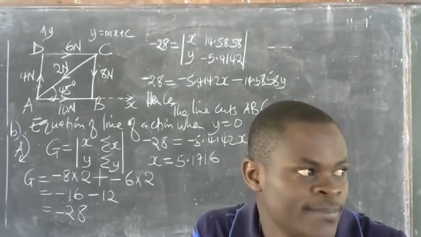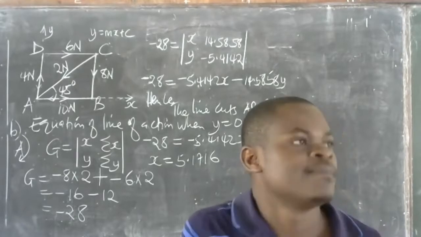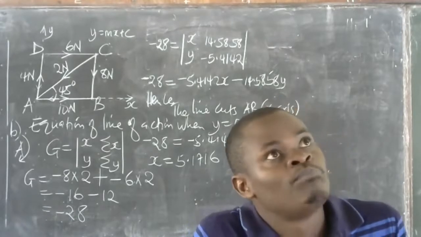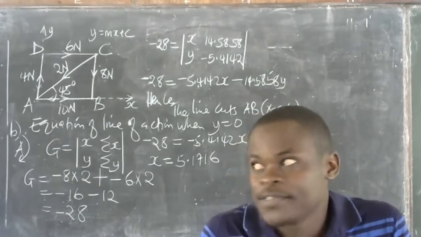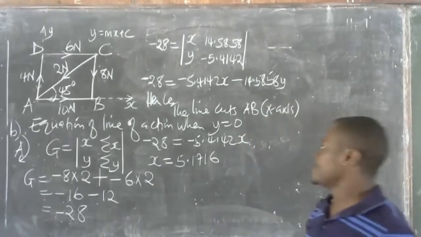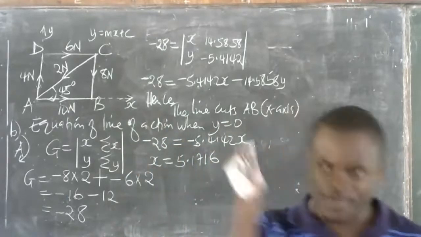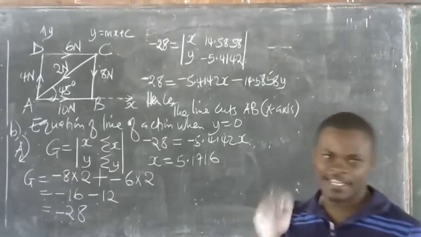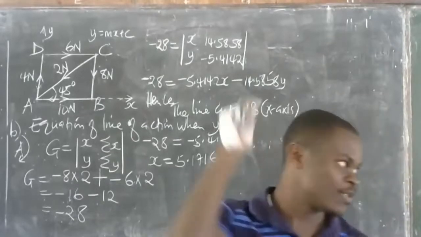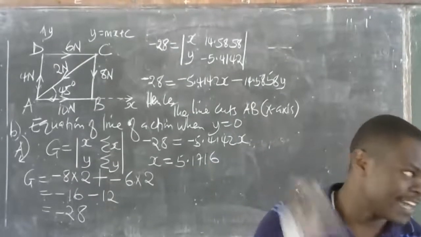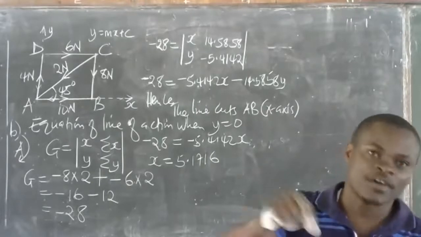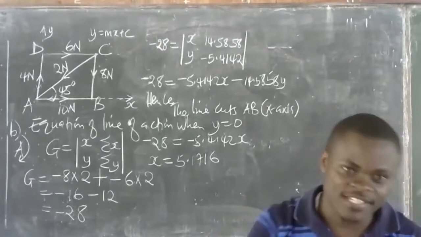Do we always have to equate y to 0? Yeah, because the line is cutting AB and AB is horizontal. Any straight line cuts the x-axis, or the horizontal axis, when y is 0.